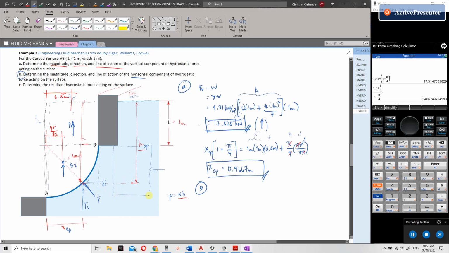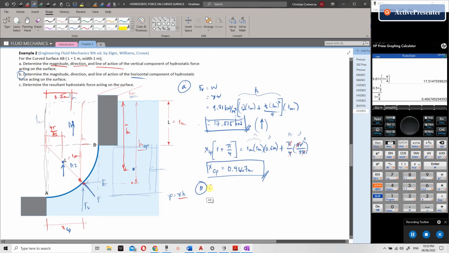Imagine it as a square. This is the centroid, and this is the distance H bar from the centroid of the area.